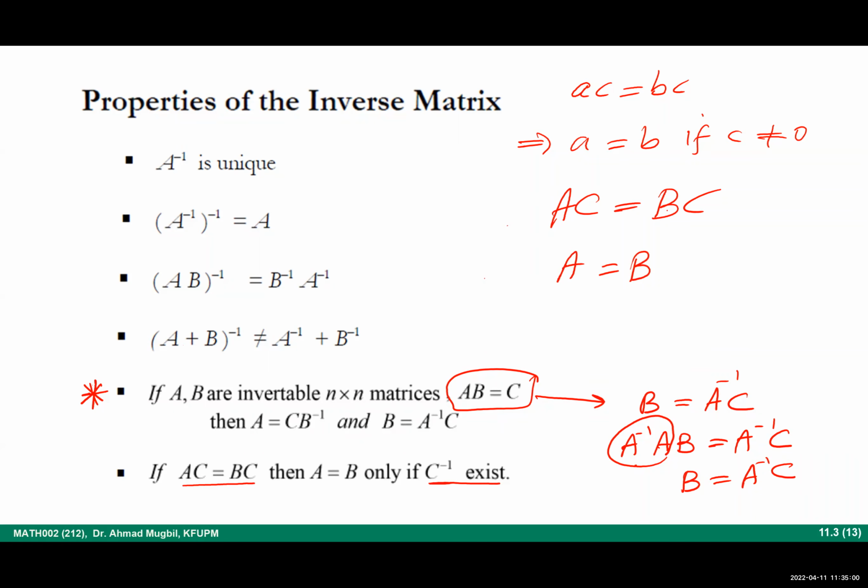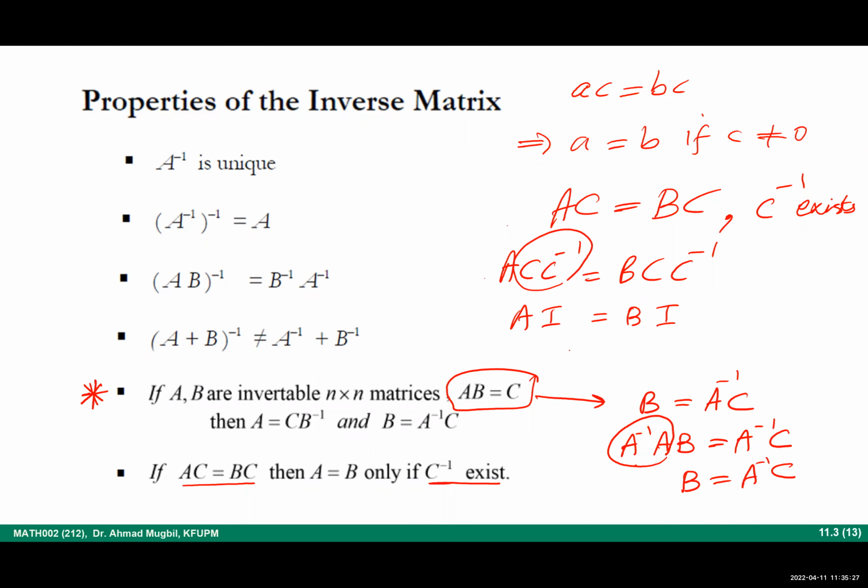You can think about it like a cancellation property. In fact, it is all about having the inverse of C. So C inverse exists. In that case, you will multiply both sides by the inverse from the right. You will have AC multiplied by C inverse, BC multiplied by C inverse. Then this will be the identity matrix. A multiplied by the identity equals B multiplied by the identity, and then you will have A equals B.